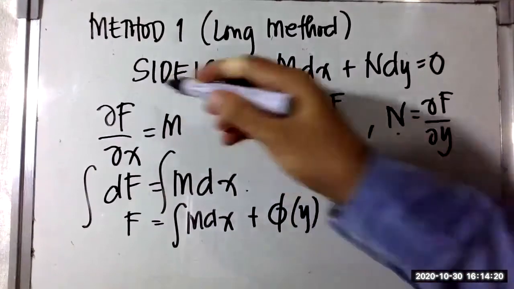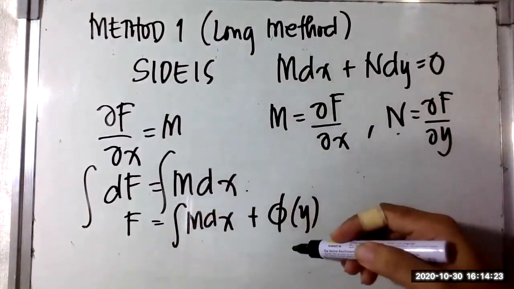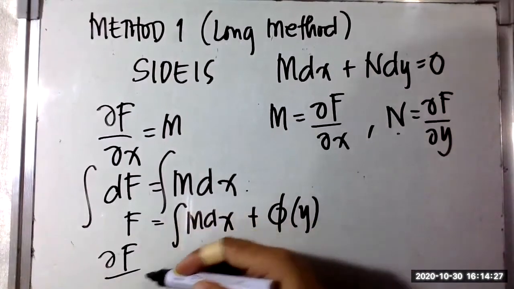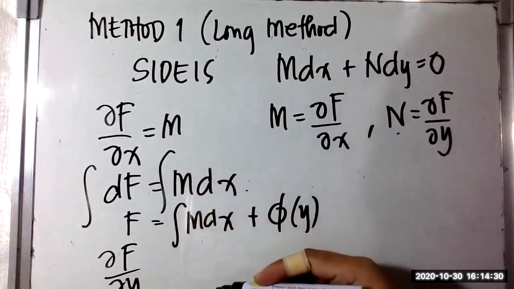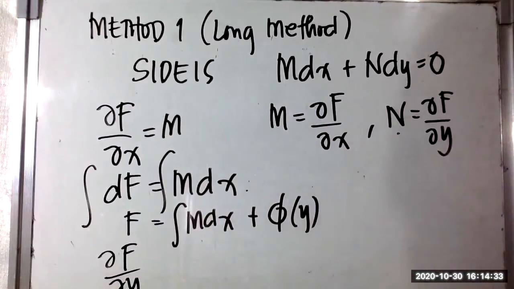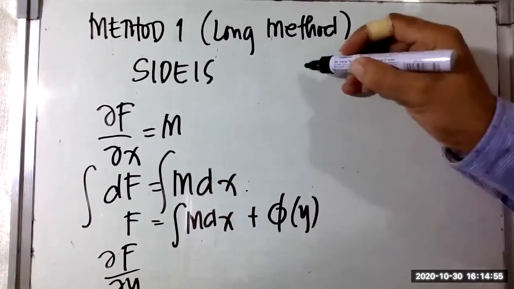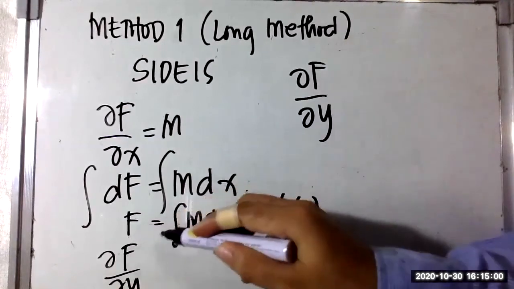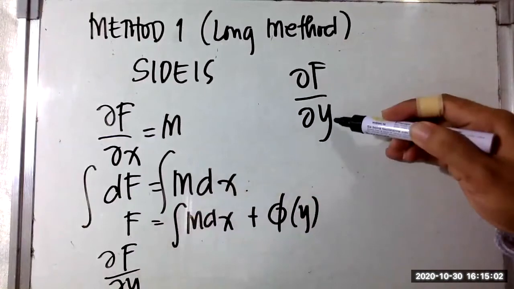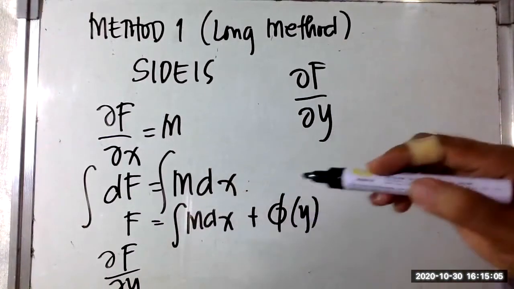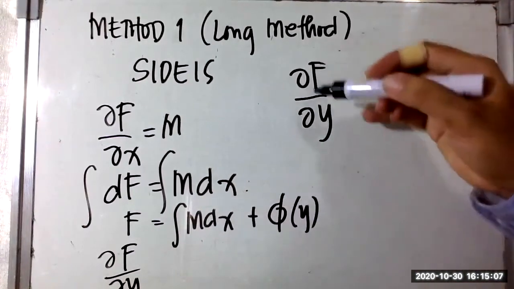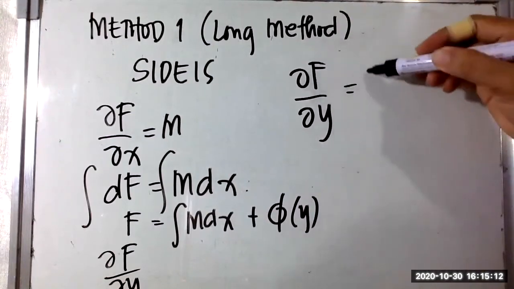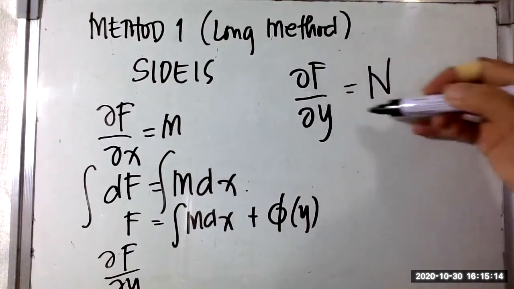After you integrate, you differentiate the function with respect to y. Let me just rewrite this: the partial of f with respect to y. Now we differentiate this with respect to y, taking note that x is held constant, and we know that in our derivation, this is equal to N. So this is the time that we equate.